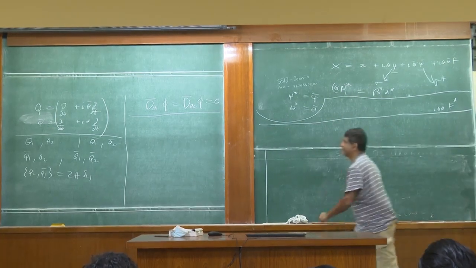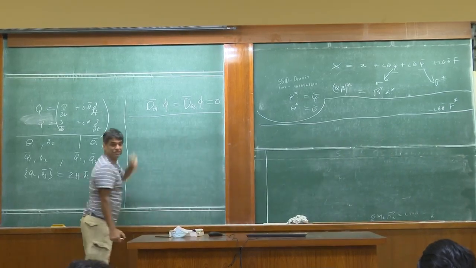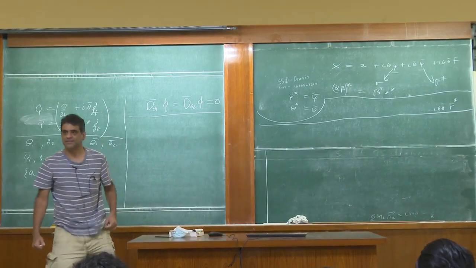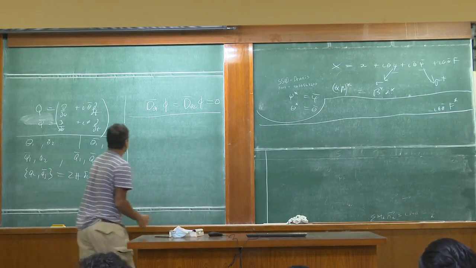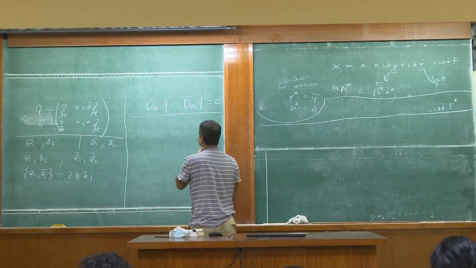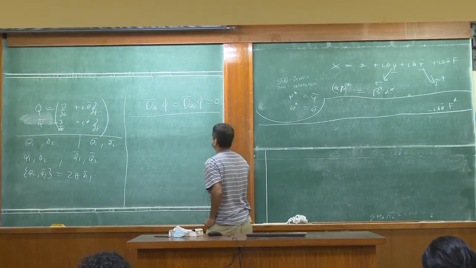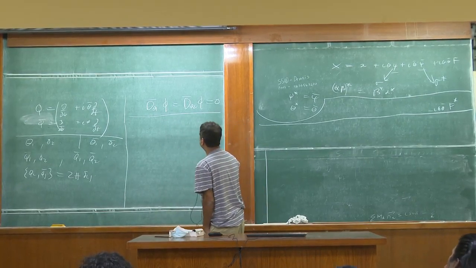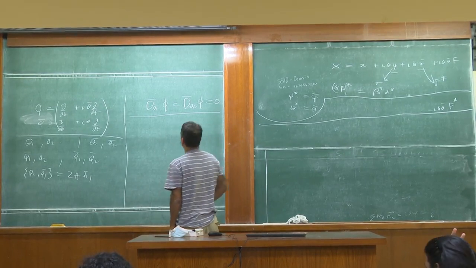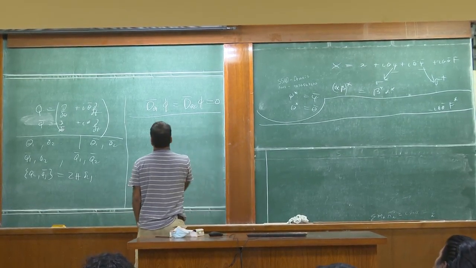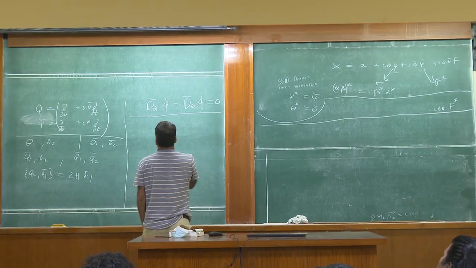So let us keep going. So we want to set this condition, and we want to know how to implement this. Now, I clearly want a phi that is a function only of theta, right.